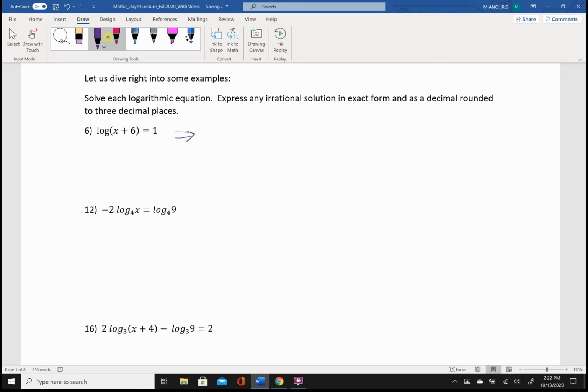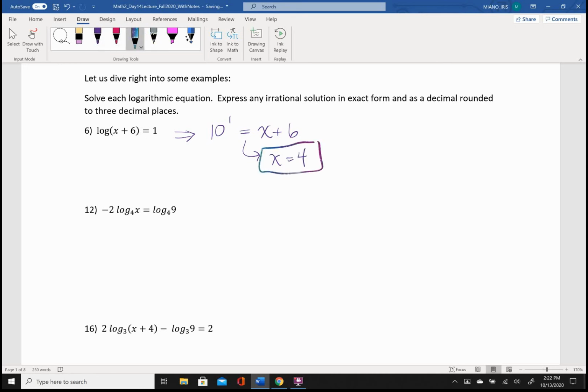The base is the base, so the base of the common log is 10. The log is equal to the exponent, which is 1. And the exponential expression is equal to the argument, which in this case is x plus 6. We must then simply subtract 6 from both sides. 10 to the first power is just 10, and we can say x therefore equals 4.